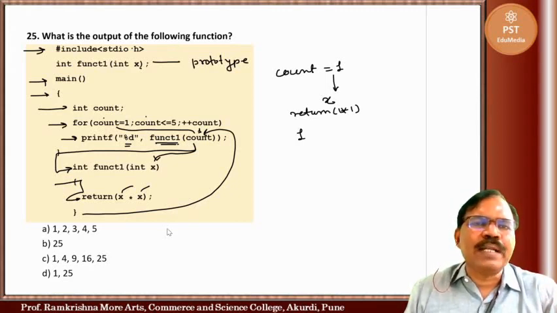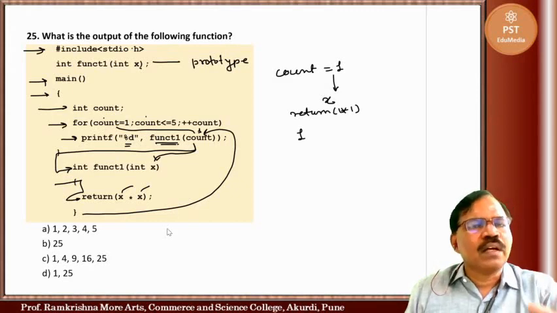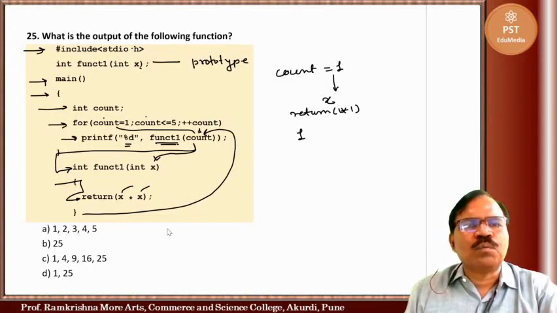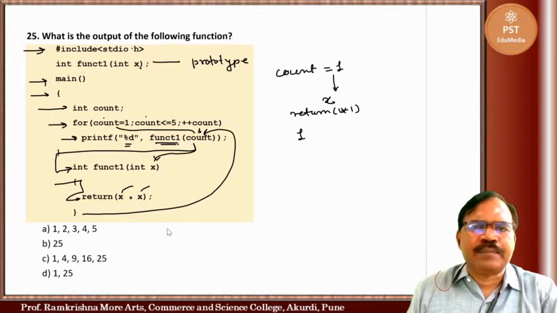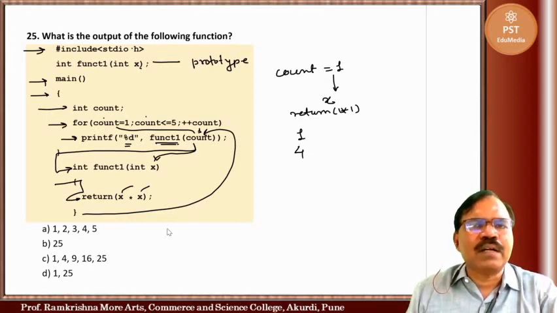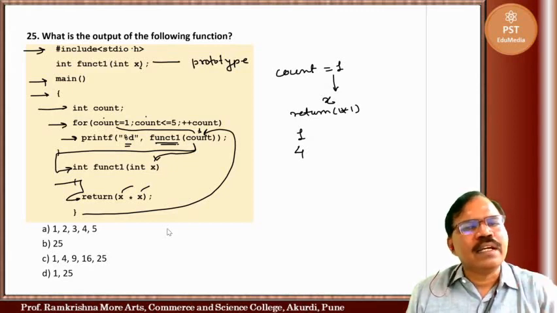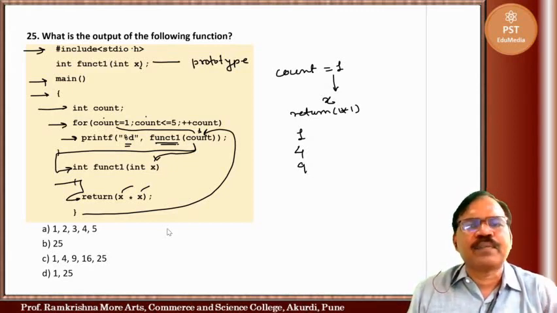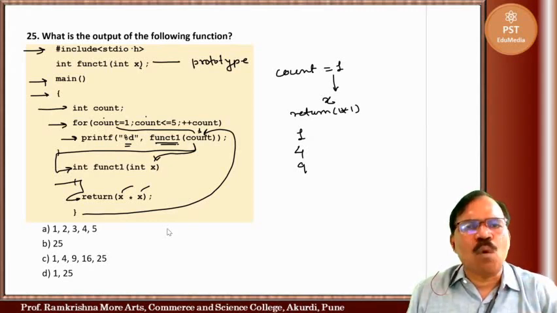That 2 is copied in x. Return 2 star 2, so 4 is returned. That is printed. Then count becomes 3. That is copied in x. Return 3 star 3, that is 9 is returned and printed. Then count becomes 4.